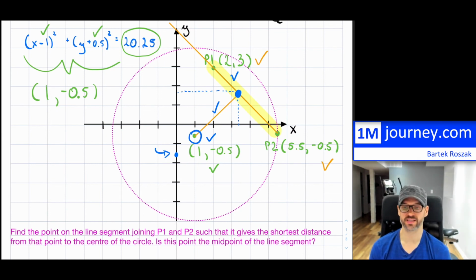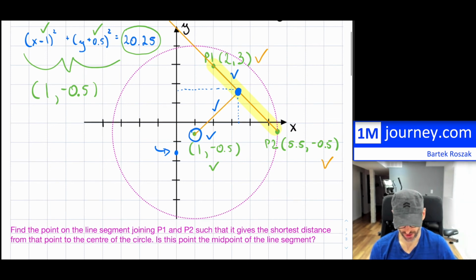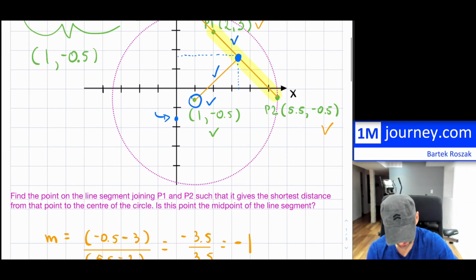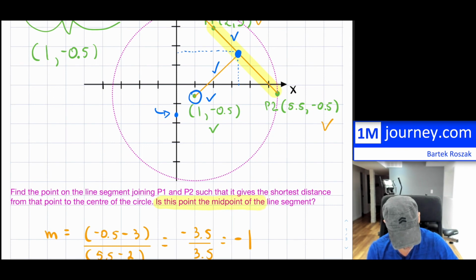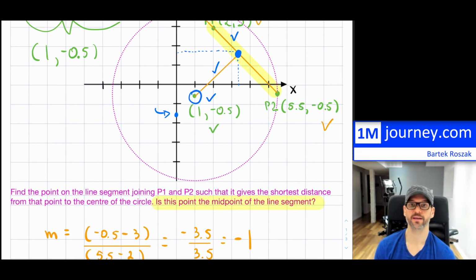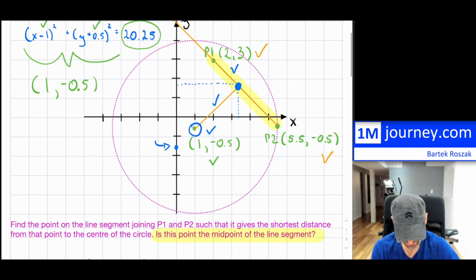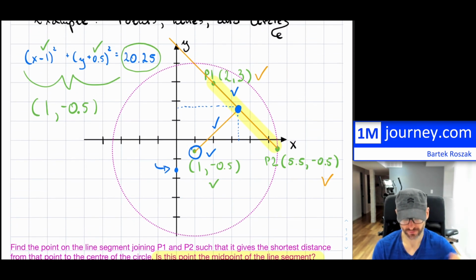Now, the second part of the question is: is this point the midpoint of the line segment? Midpoint means it basically cuts that line segment in half. And we can check that very quickly. All we have to check is the x value.